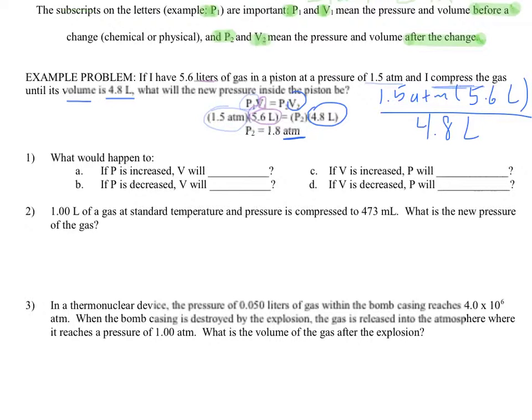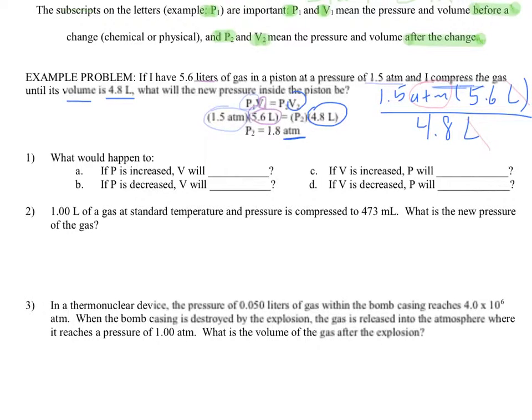Okay, my units cancel. Liters and liters cancels. My only unit left is ATM. Notice if I had liters and milliliters, that wouldn't work. So they must be the same unit. If you're given one that's in liters and one that's in milliliters, you have to convert to find the difference.